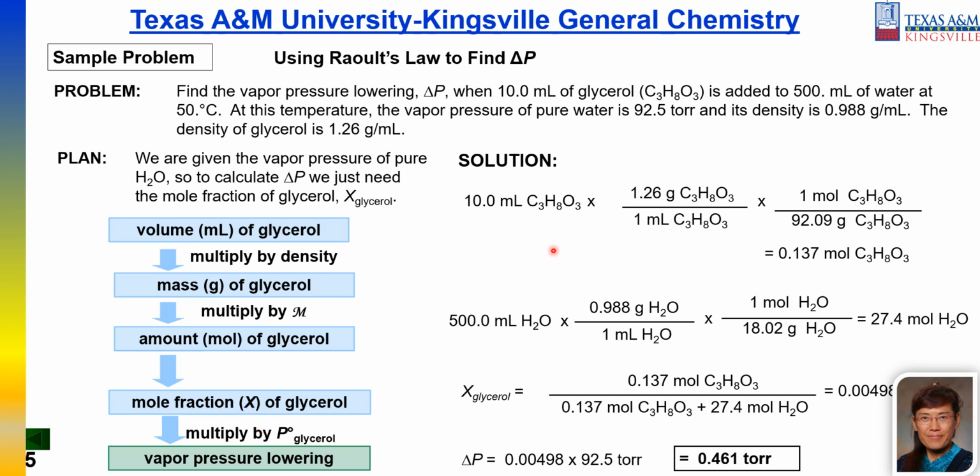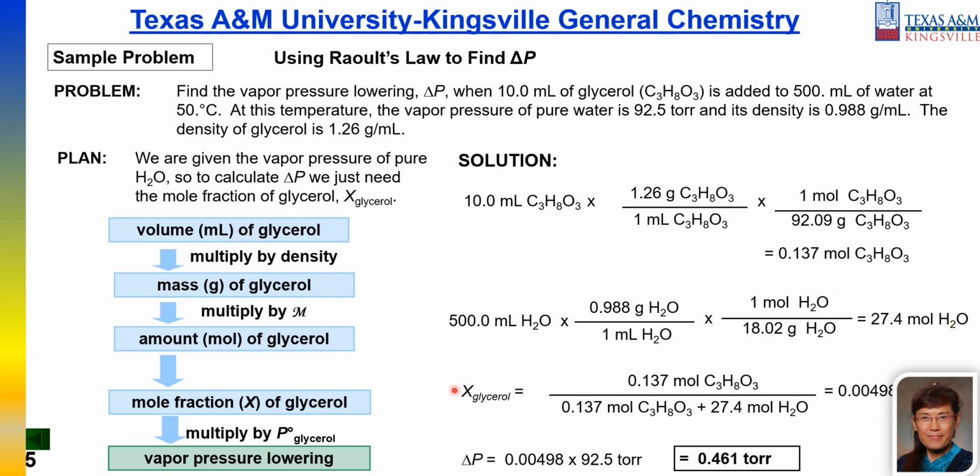Our solution, step 1: calculate the grams of glycerol. You use 10 milliliters multiplied by its density and then divided by its molar mass to determine the moles. For water, you also use the milliliters multiplied by its density divided by its molar mass. So you calculate the moles of glycerol and the moles of water.